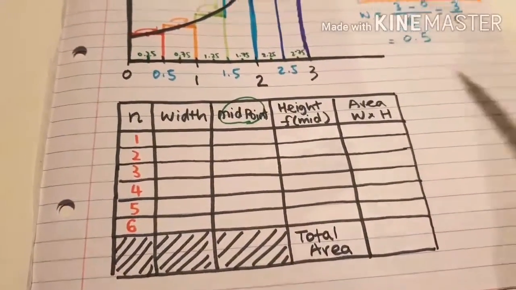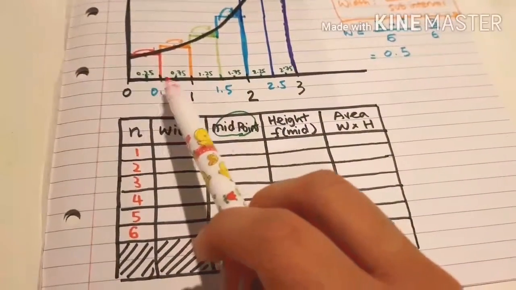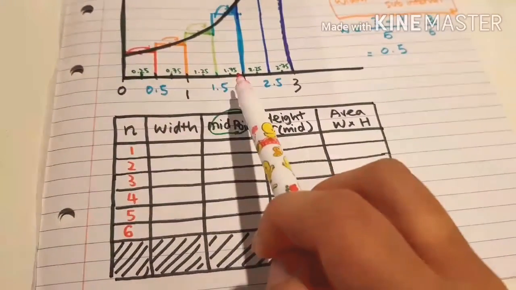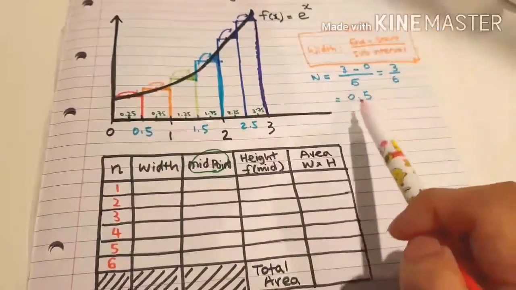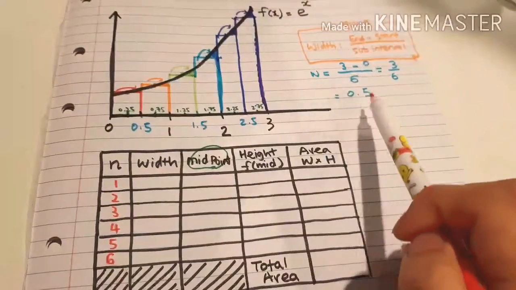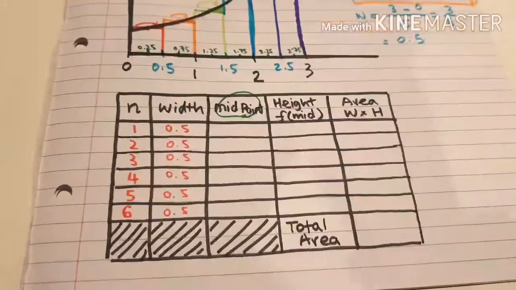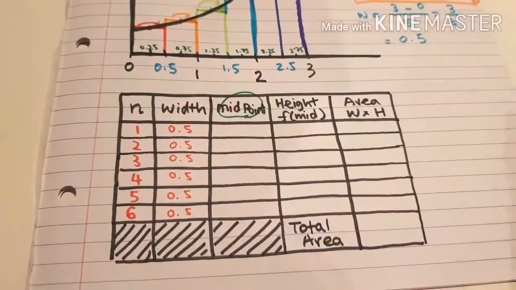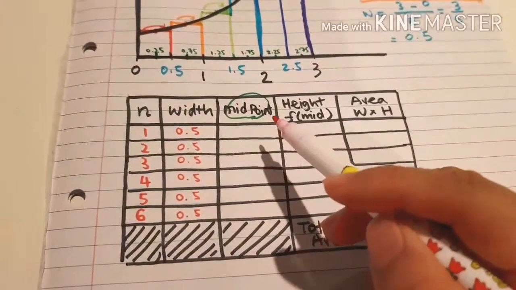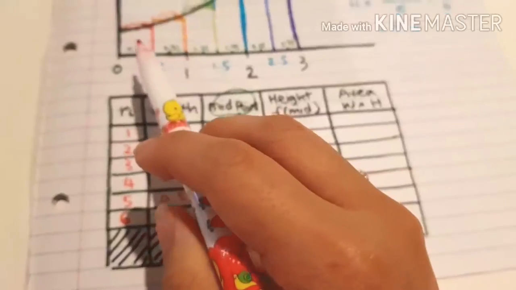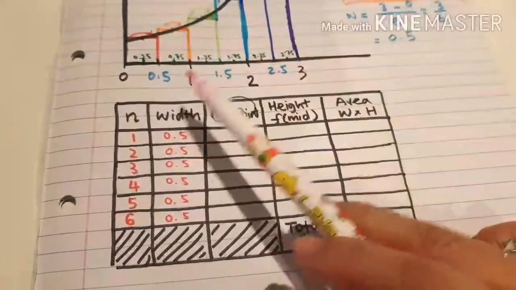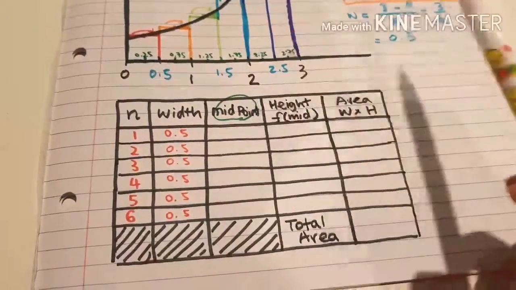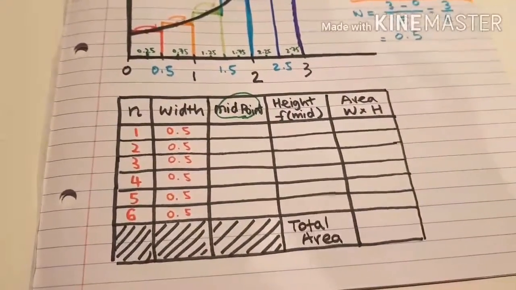The width was 0.5, 0.5, 0.5, 0.5, and so on. Everything was 0.5 according to my calculation. And the midpoint values we already found: 0.25, 0.75, 1.25, 1.75, and so on.